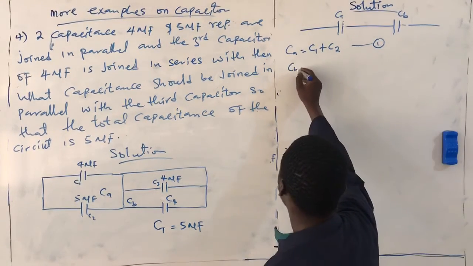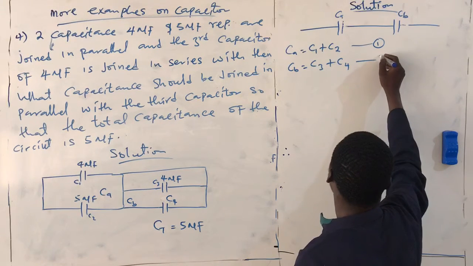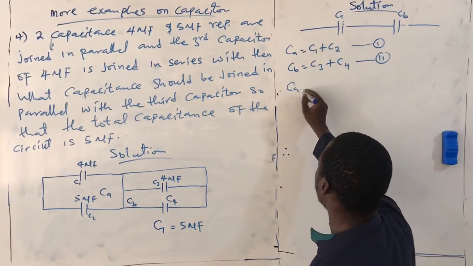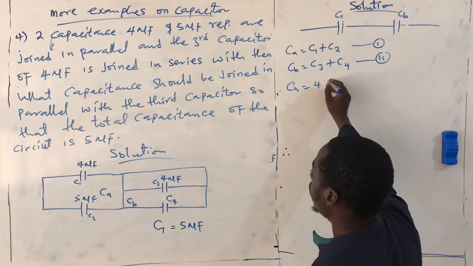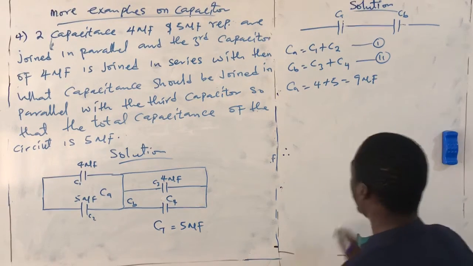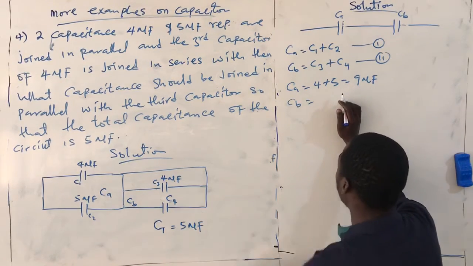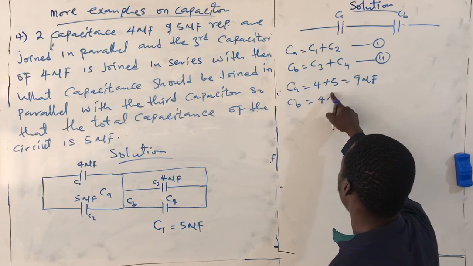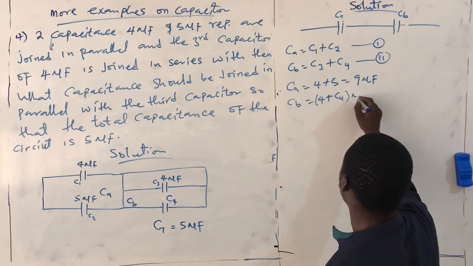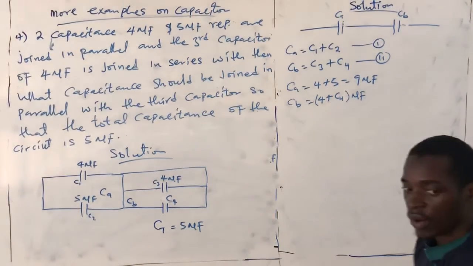For CB, CB is equal to C3 plus C4, which is equation 2. Now from this we can find our CA. CA is equal to 4 plus 5, which is 9 microfarad. For CB, we have the value for C3, which is 4, plus C4, everything in microfarad. So this is the value for our CB.